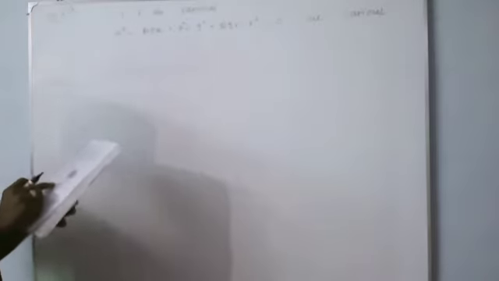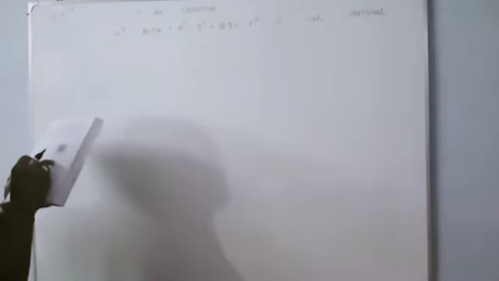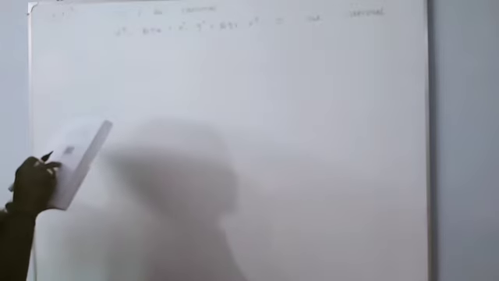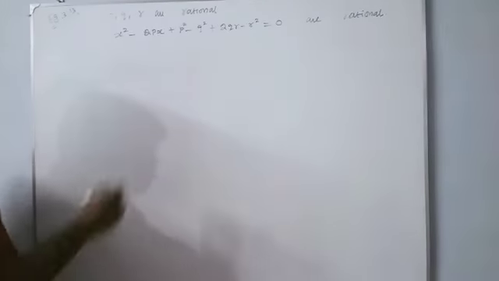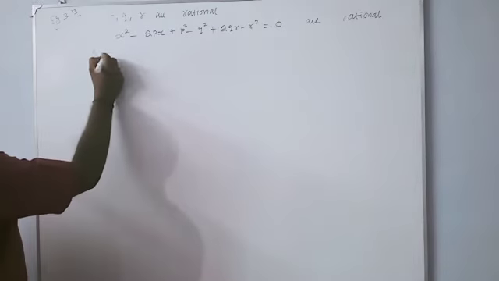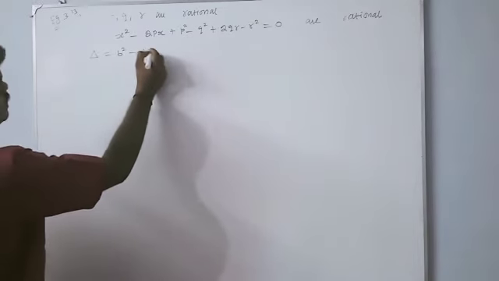Once again I repeat the question, x squared minus 2px plus p squared minus q squared plus 2qr minus r squared is equal to 0. Right? Again we want to take the discriminant. Delta is equal to b squared minus 4ac.